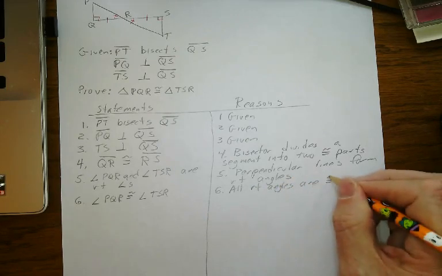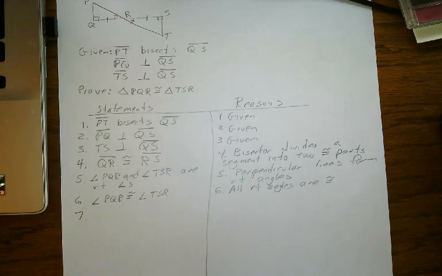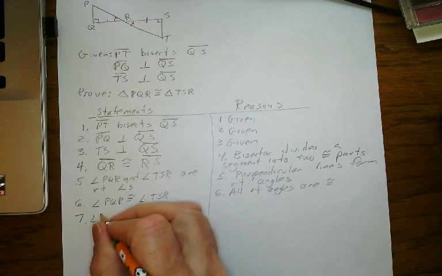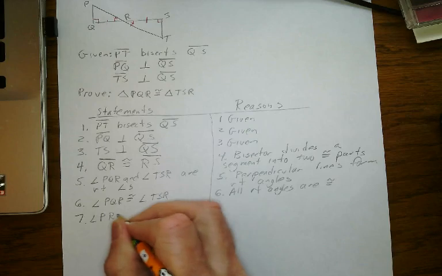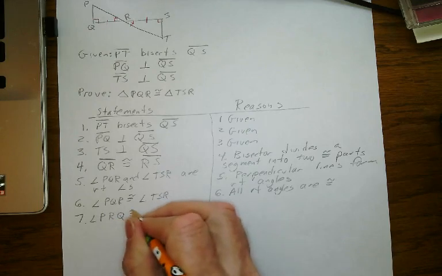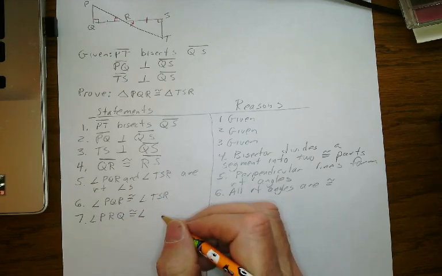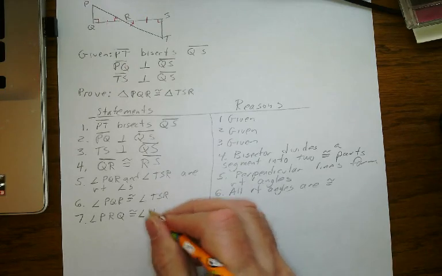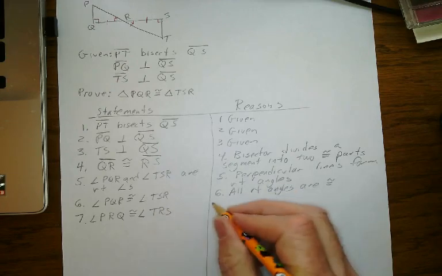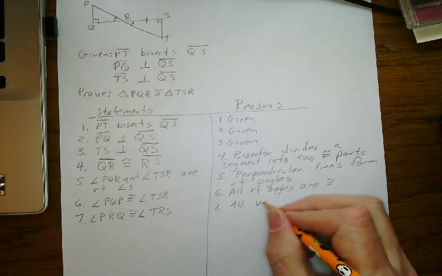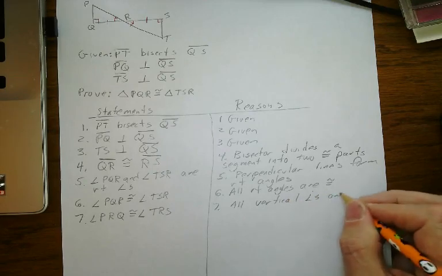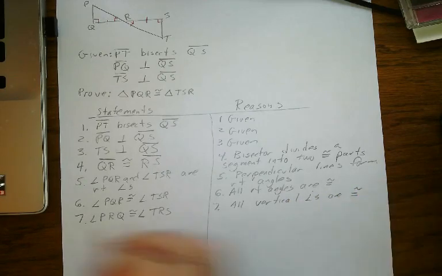Now the last thing that I marked were these two angles, the vertical angles. So let me state those are congruent now. Angle PRQ is congruent to angle TRS. All vertical angles are congruent.